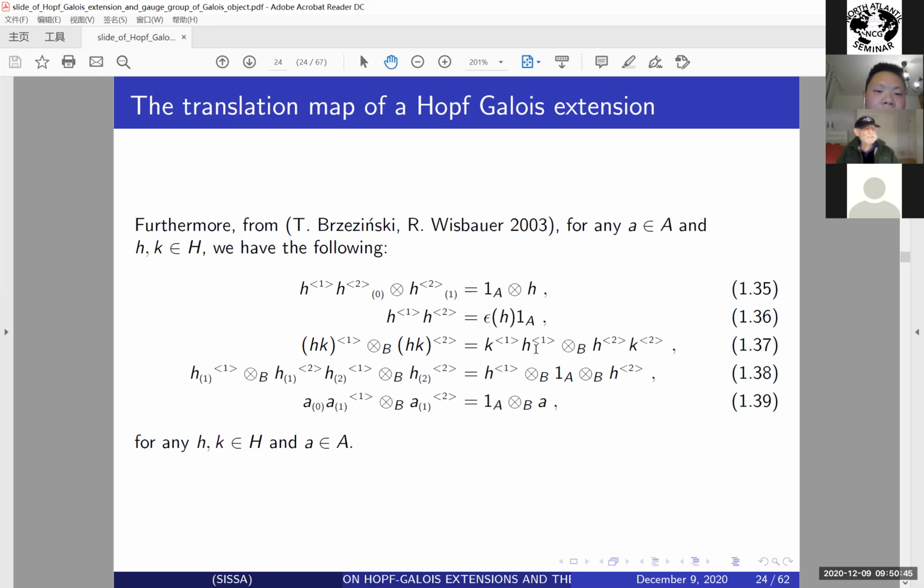Moreover, there are also some other properties which were introduced by Brzeziński and Majid, that is from 1.35 to 1.39.